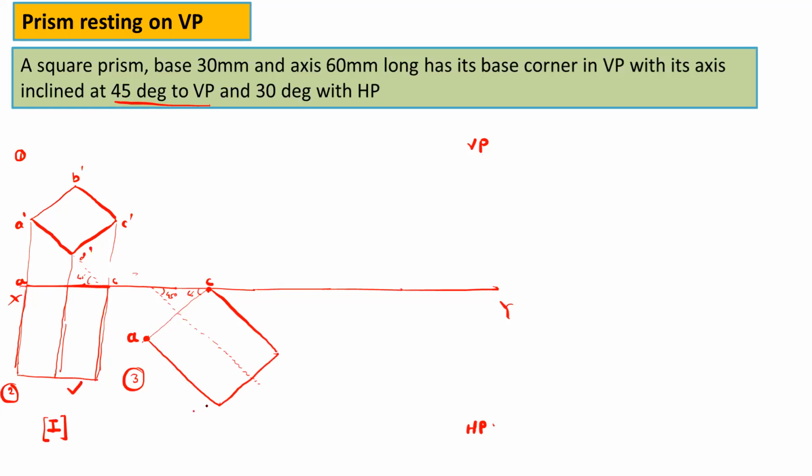So this view and this view will be the same. Now take the projection in the front view, and find out the intersection points. And then complete the second stage front view. So this is your second stage.